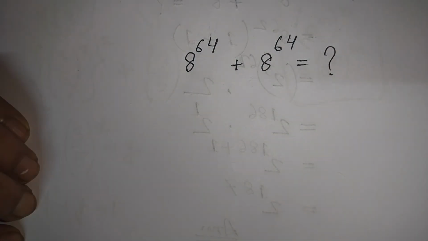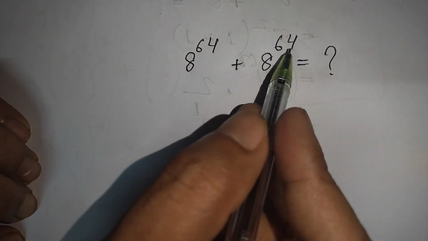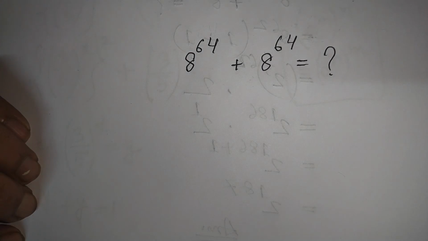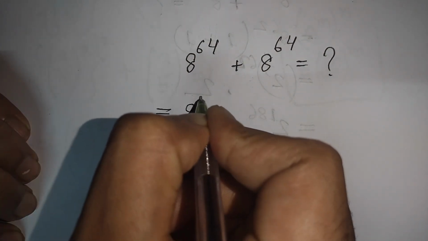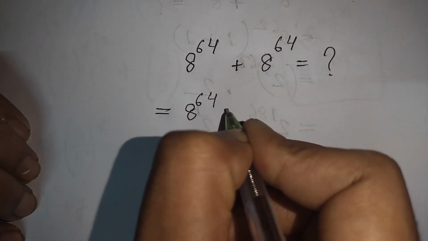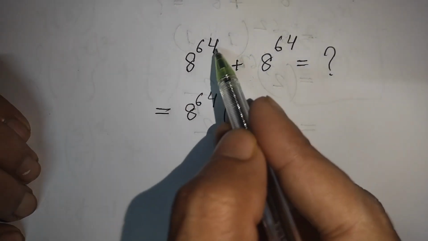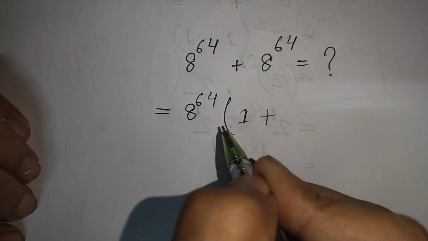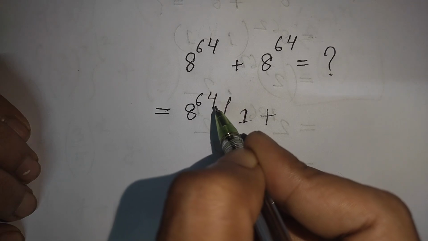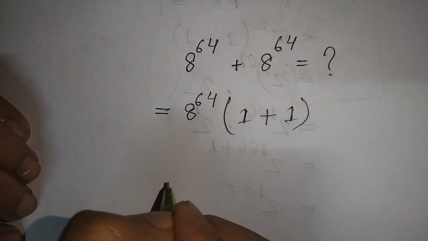How to simplify 8 to the power 64 plus 8 to the power 64 is equal to what? At first we take common 8 to the power 64. First bracket is start, then 8 to the power 64 divided by 8 to the power 64, that means 1, plus the same, 8 to the power 64 divided by 8 to the power 64, that means 1.